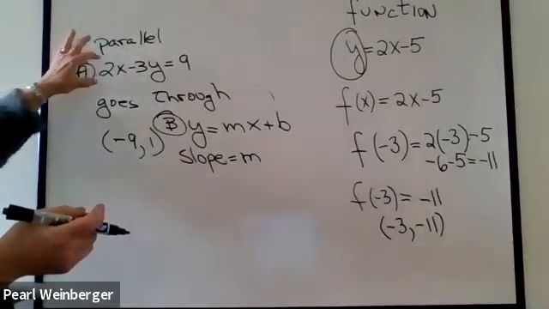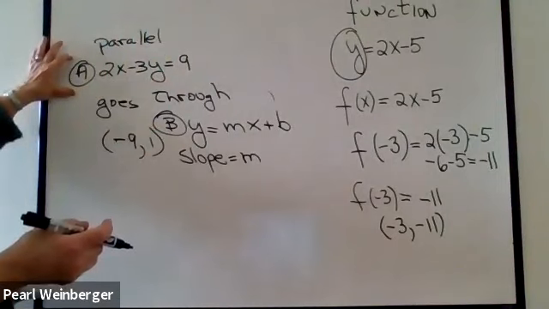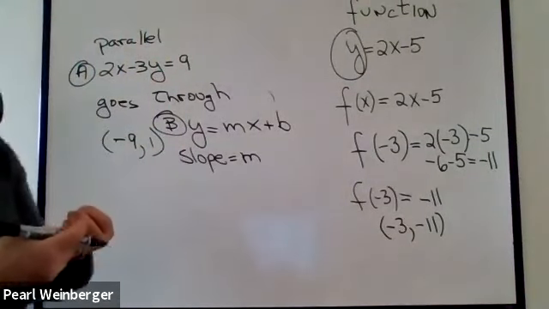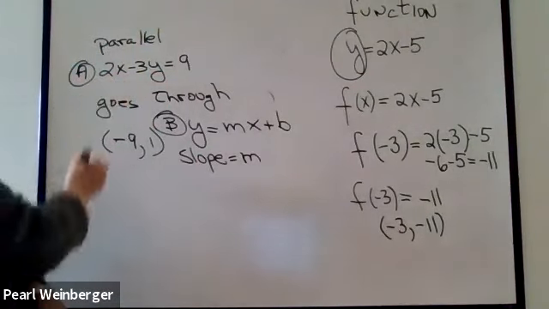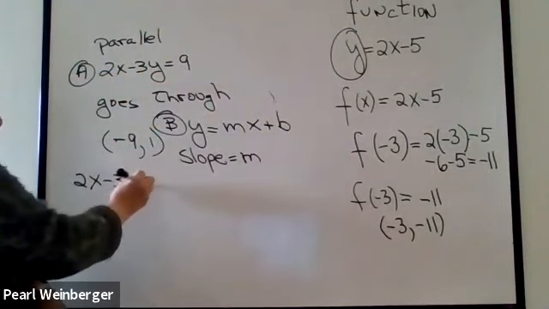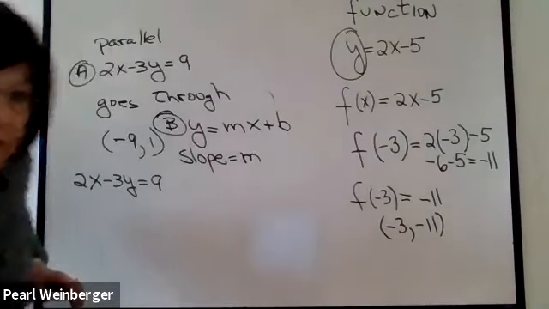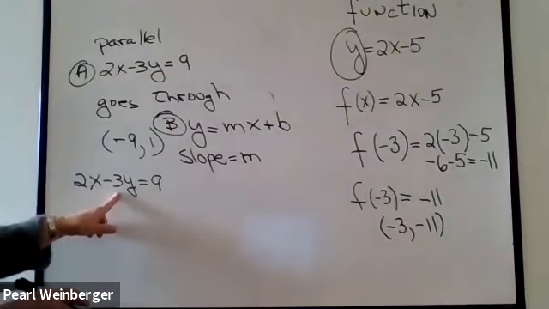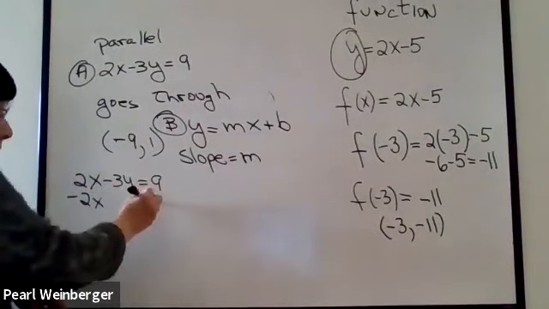So if I can tell what the slope of line A is, that'll give me a hint as to what the slope of my new line, line B, is. Since 2x minus 3y equals 9 is not in the y equals mx plus b form, I'm going to solve for y to get it in slope-intercept form. So I'll bring the 2x to the other side.